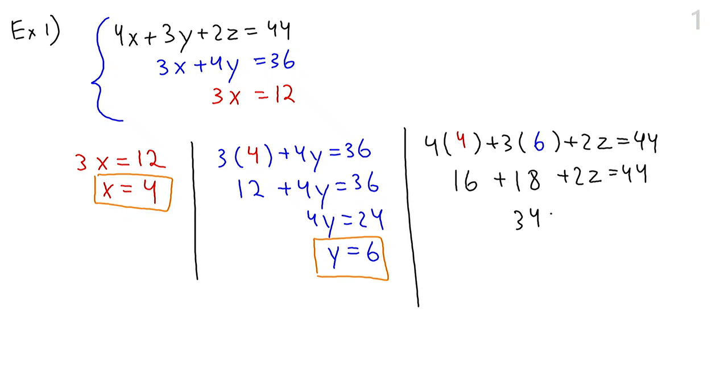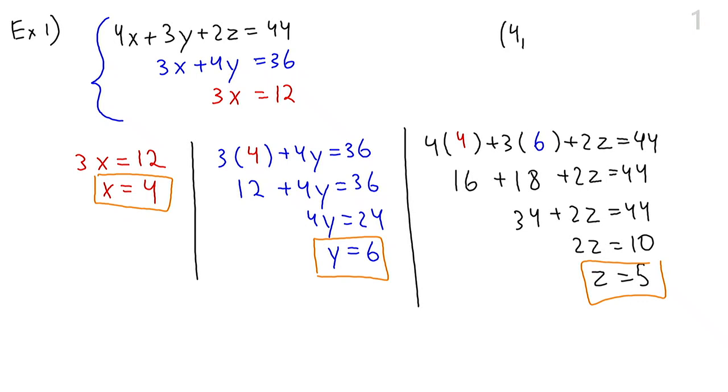That is 34 plus 2z equals 44. 2z equals 10. Z equals 5. And that's the third and final entry in our 3-tuple. So the final solution to our problem is the 3-tuple 4, 6, 5. This is the final solution to our system.